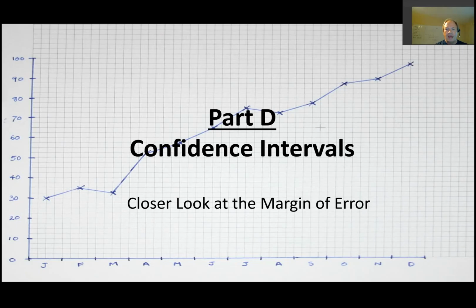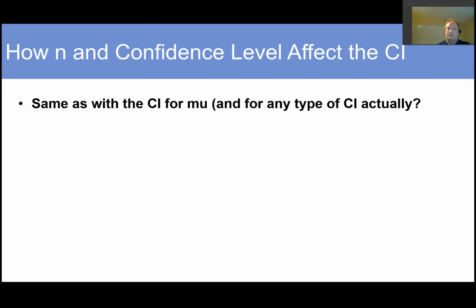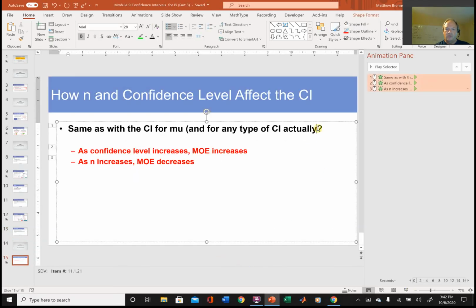Okay, the last thing we want to do is go back, and just like we did for the confidence intervals and the population mean, think about how the sample size and the confidence level affect the confidence interval. And it turns out that it's exactly the same as it was for the confidence interval for mu.